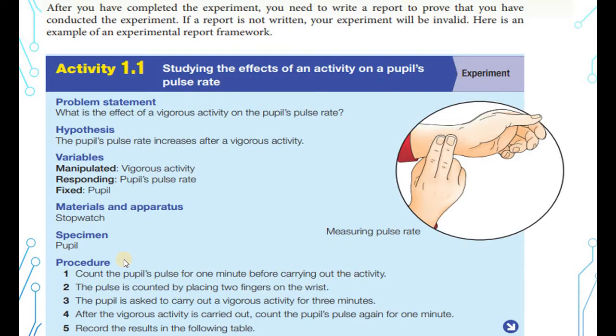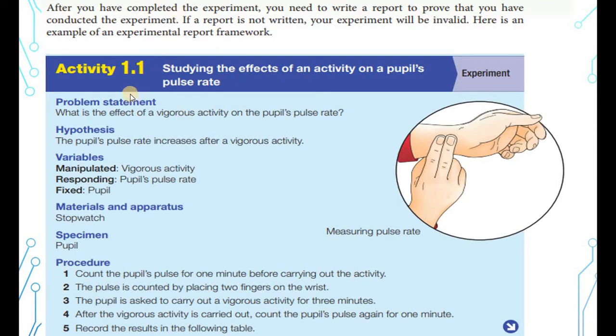Now I want to teach you how to write a report. After you carry out the experiment, you have to write a report in your exercise book.